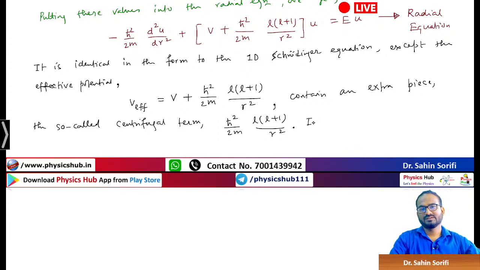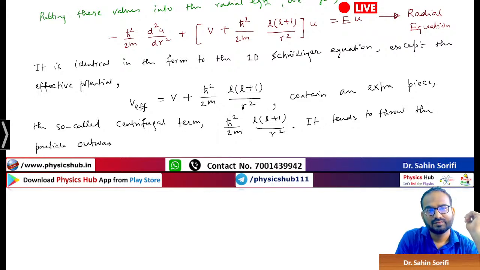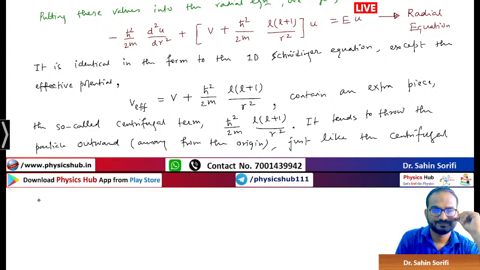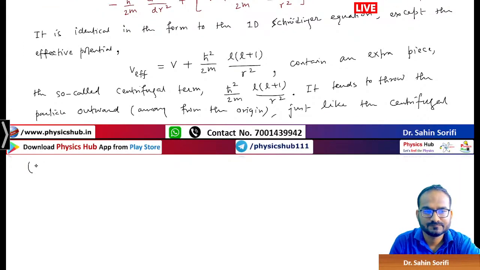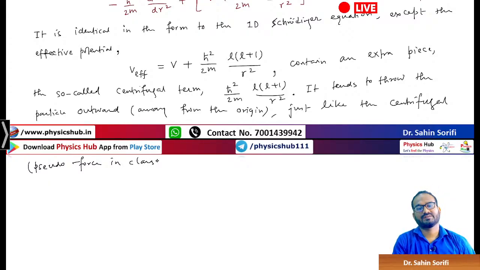So it tends to throw the particle outward, that is away from the origin, just like the centrifugal force, which is a pseudo force in classical mechanics.